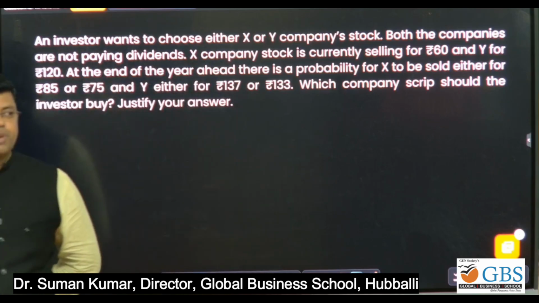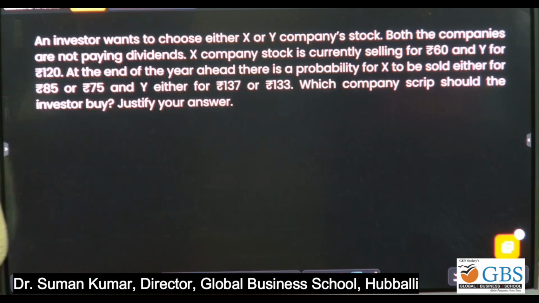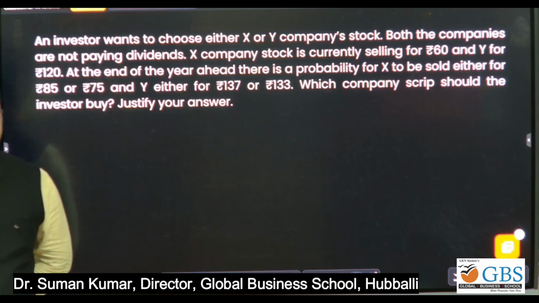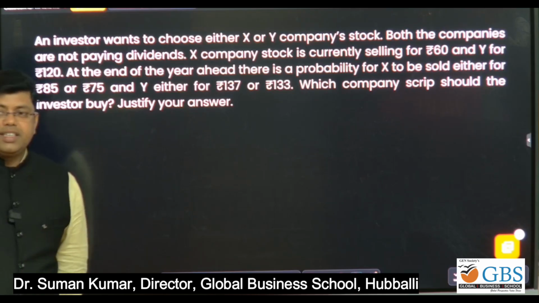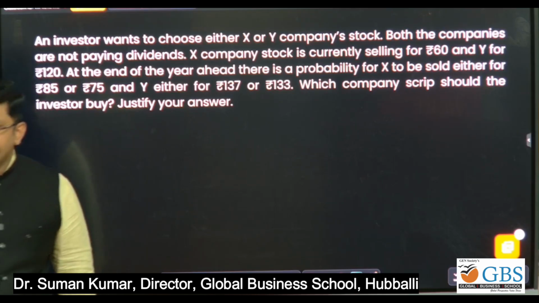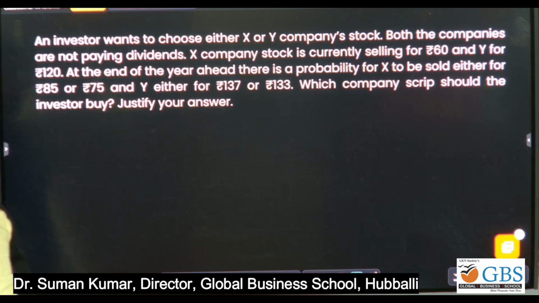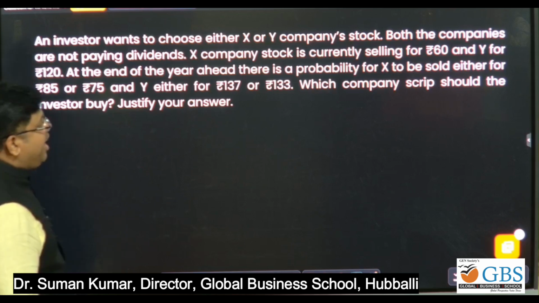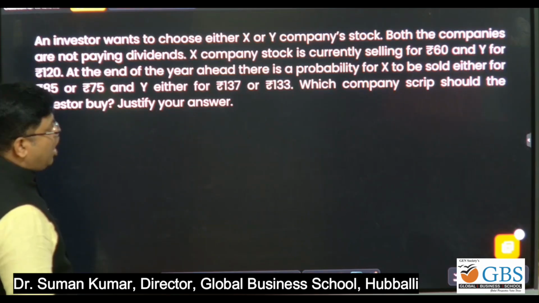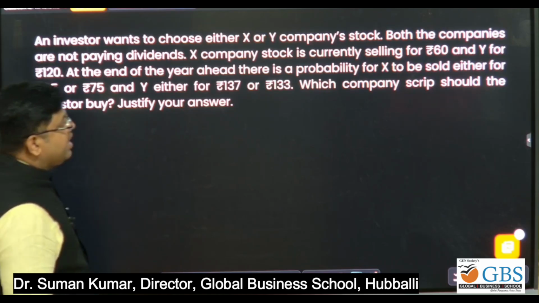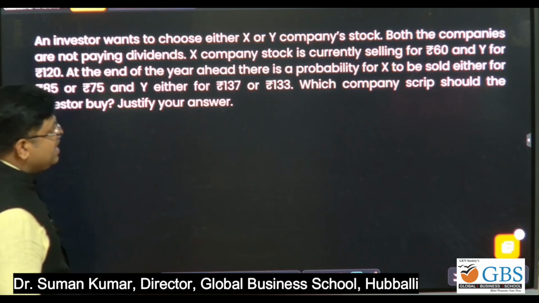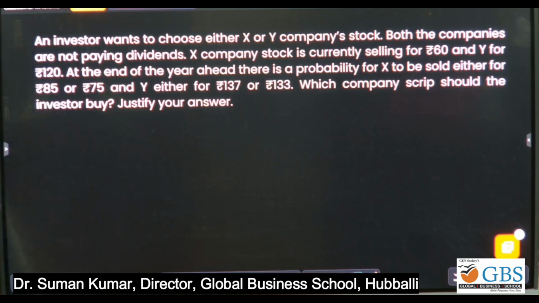So we'll take up this problem. I'll read it out, then make you understand. Listen carefully, be attentive, give your 100% concentration. Clear? Shall I start with your permission? Right. An investor wants to choose either X or Y company stock. Both the companies are not paying dividends. X company stock is currently selling for 60 rupees and Y for 120 rupees.